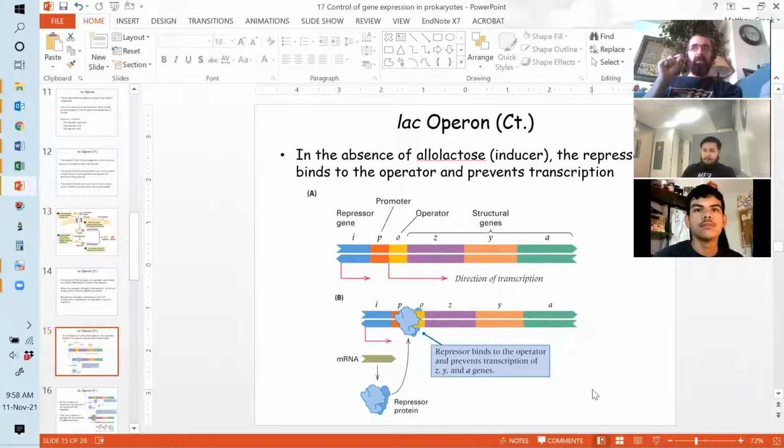So there's a very, very low level of transcription from the LAC operon. So you have just enough LAC-Y produced to be able to detect lactose being present in the environment. But in the context of what we're talking about, the LAC operon is off.